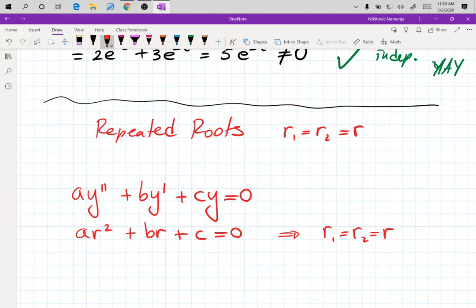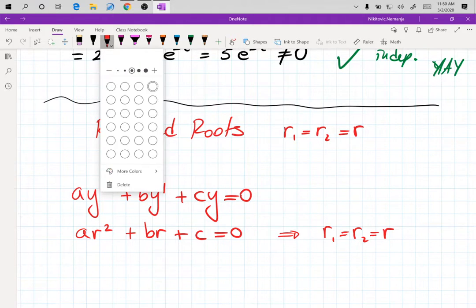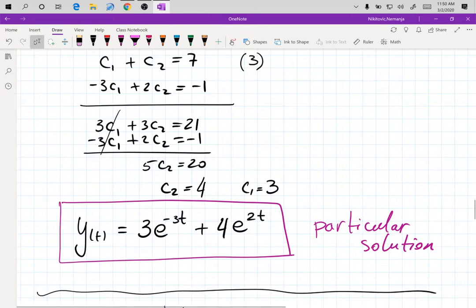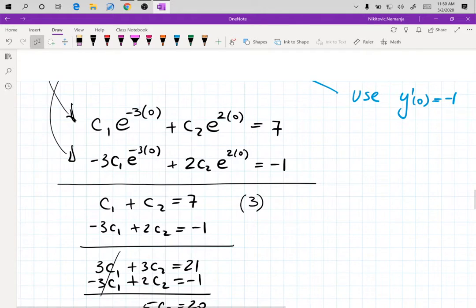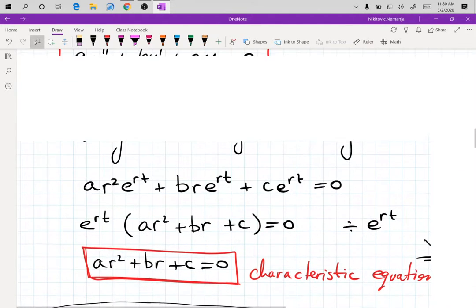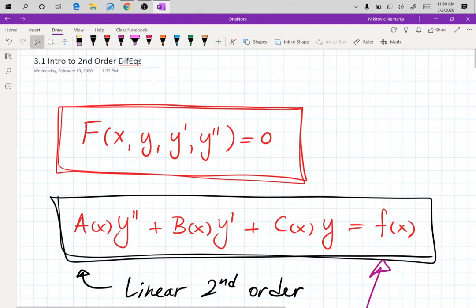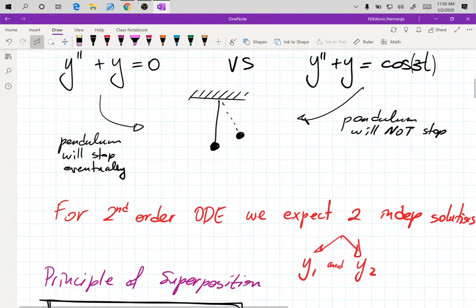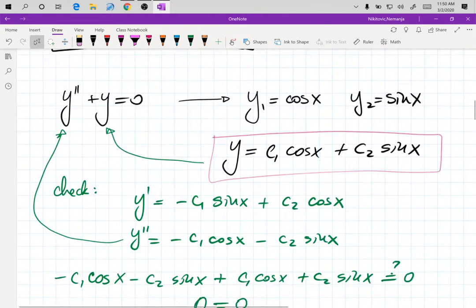We are now, maybe I should write over here, this is case 2. And let me go up and write case 1. Just want to see, where do I write case 1?